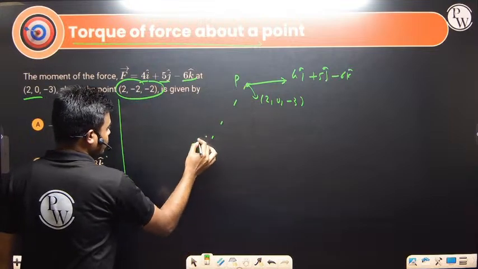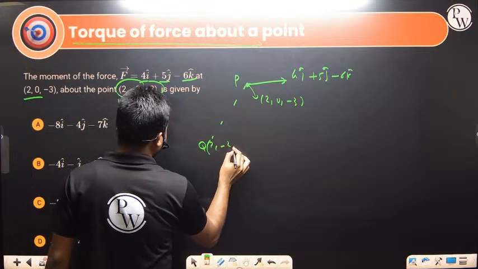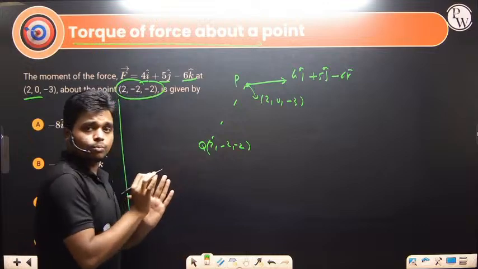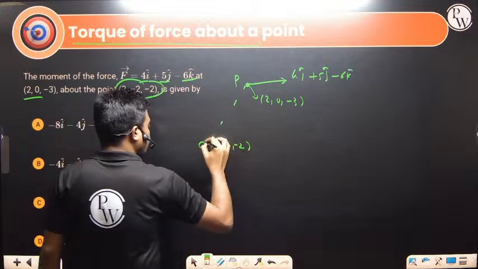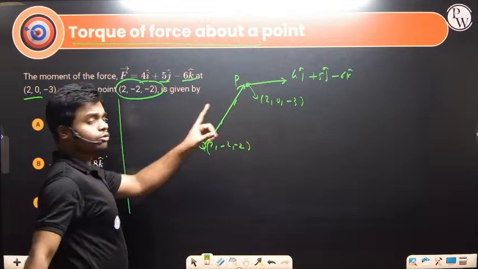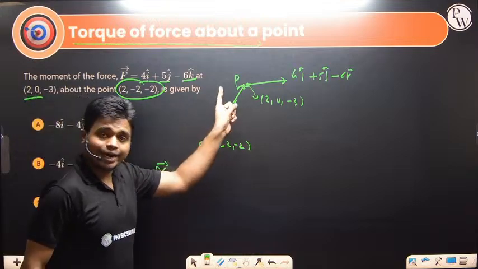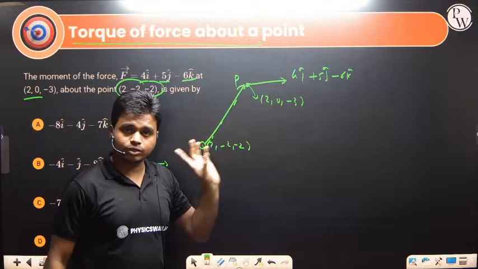This particular point Q has coordinate 2 comma minus 2 comma minus 2. We have to find the position vector from point Q to point P, which is R, the point at which the force is acting and from where we have to calculate the torque.